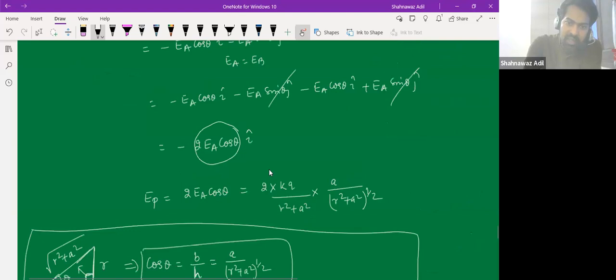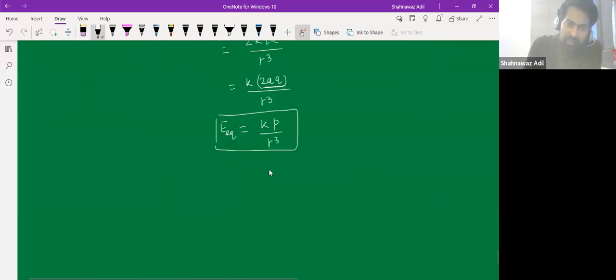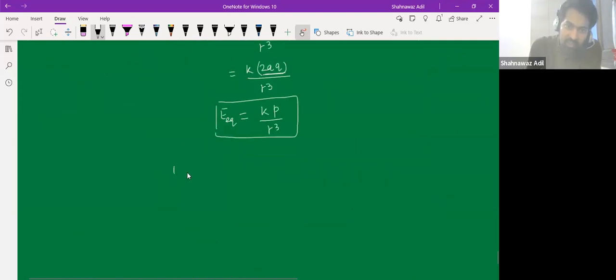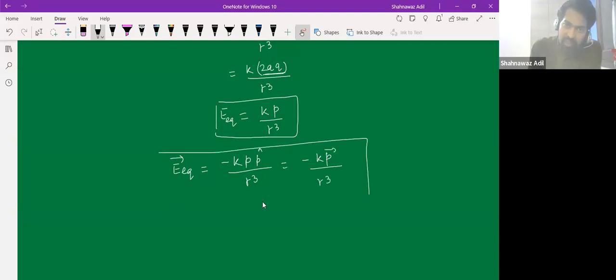If I write it in vectorial form, this is Kp times minus P hat divided by R cube. So this is minus Kp by R cube. This is the electric field at the equatorial point, right? Is this part clear?